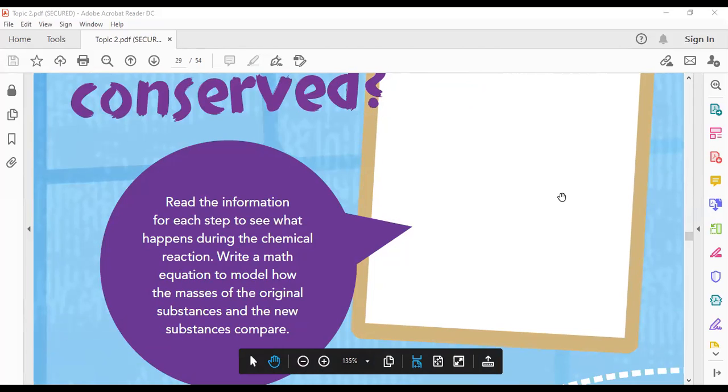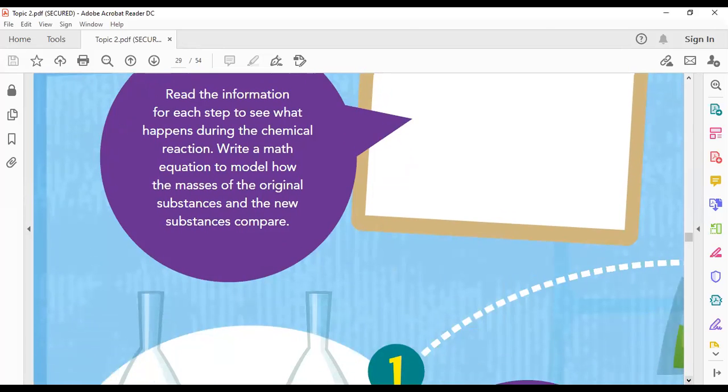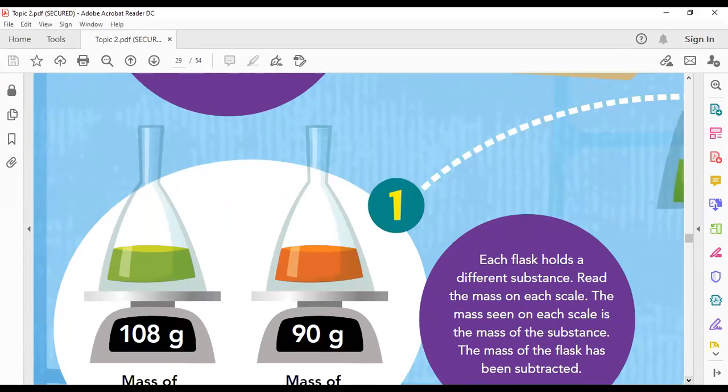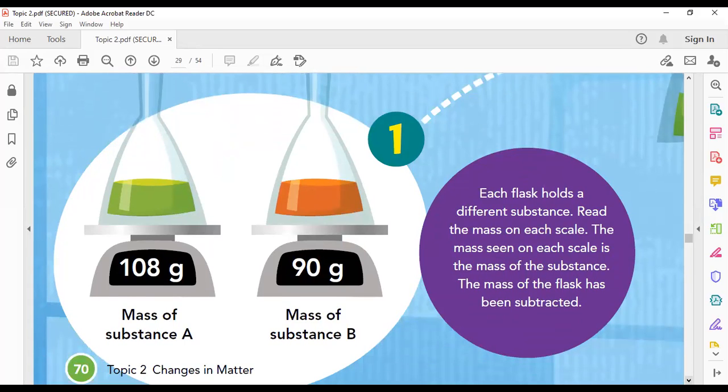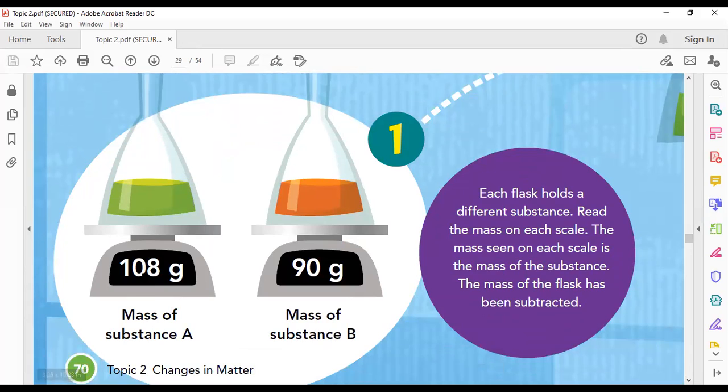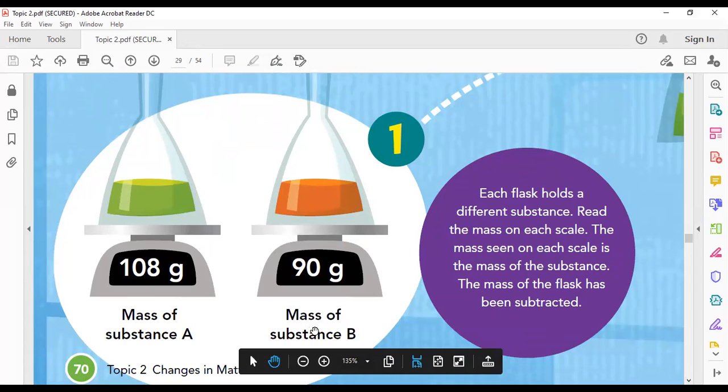Let's see what we have here. This is substance A. What is the mass of substance A? It is 180 grams. The mass of substance B is 90 grams.